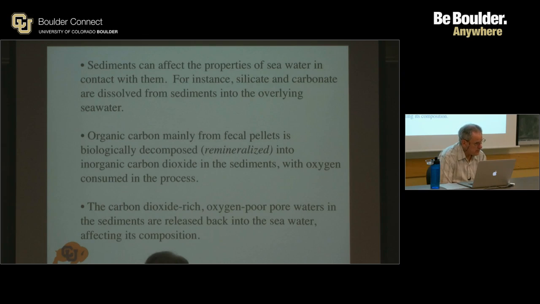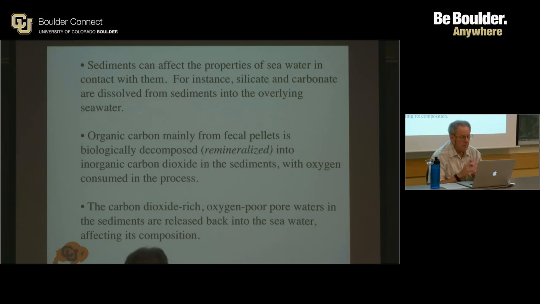Sediments can affect the properties of seawater that's in contact with them. And organic carbon, which is from fecal pellets. What are fecal pellets? Poop. These little microscopic things got to poop. So that's what they do. And it gets decomposed, so it's remineralized, it's oxidized into inorganic carbon dioxide.